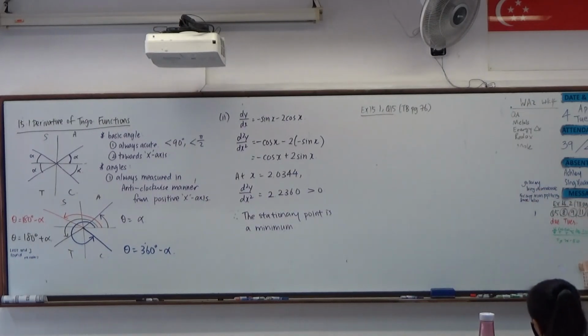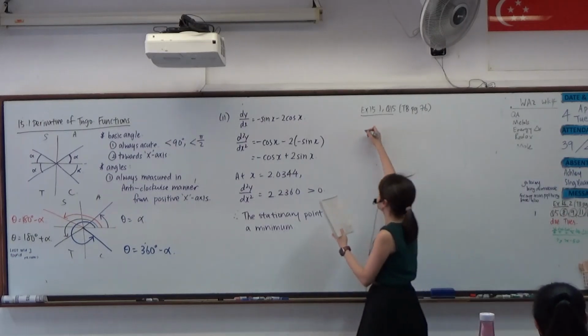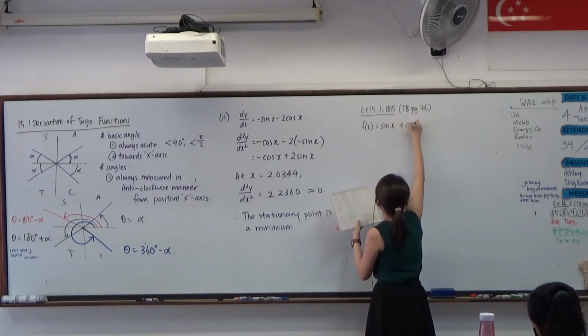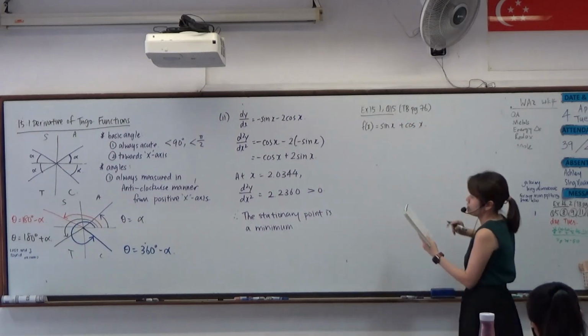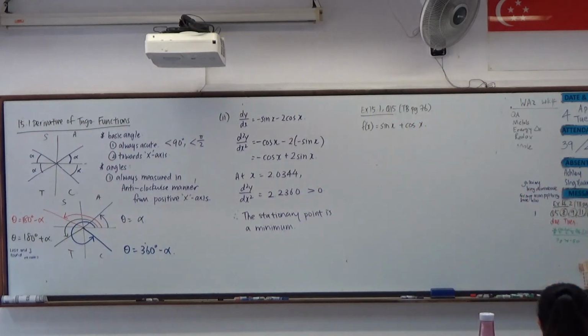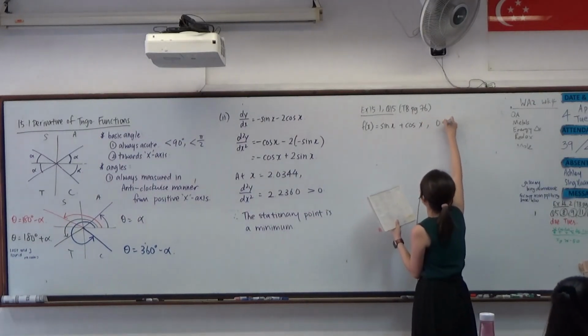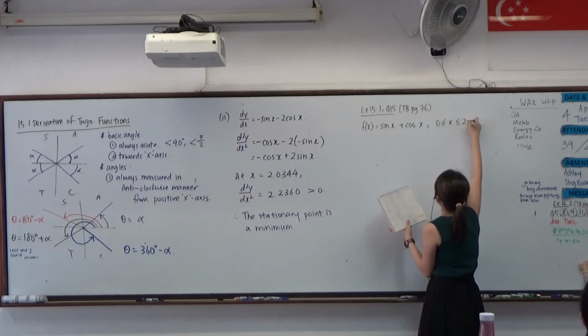But before that, let's look at this one. In this question, we're given f(x) equals sin x plus cosine x, and the interval of values is from 0 to pi.